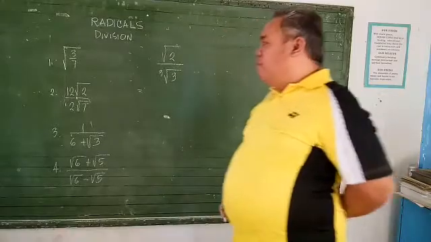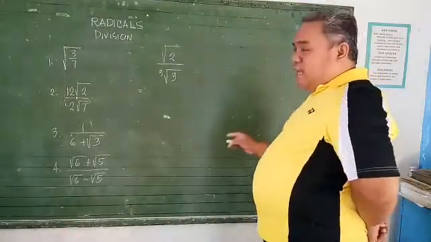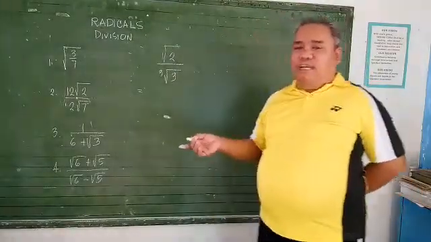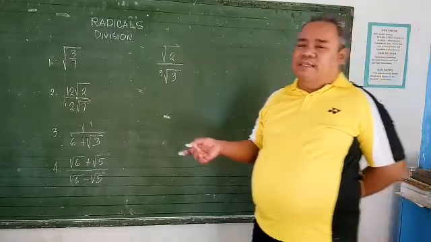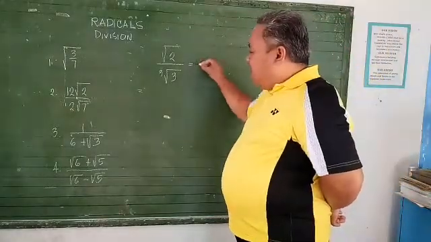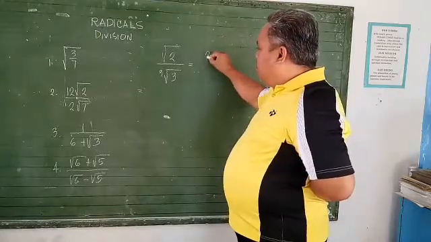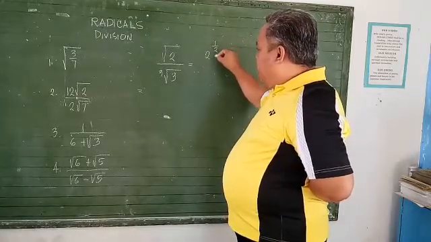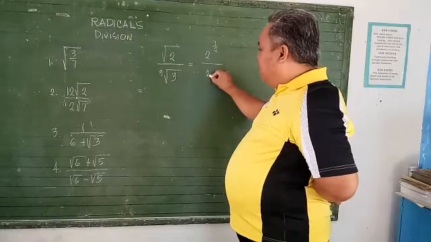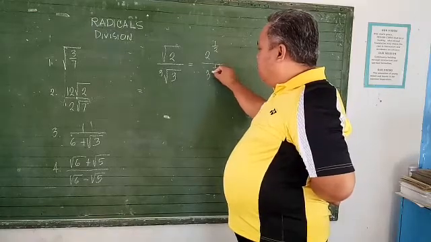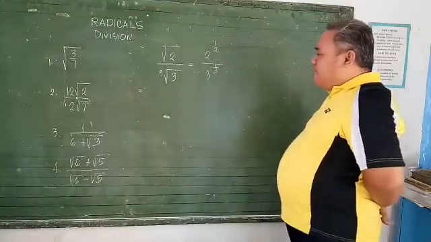What if it's like this? Again, like we have done before in the multiplication of radicals, we're going to express this in exponential form. So this is 2 to the 1/2 divided by 3 to the 1/3.